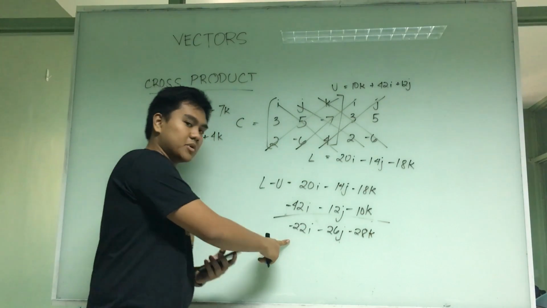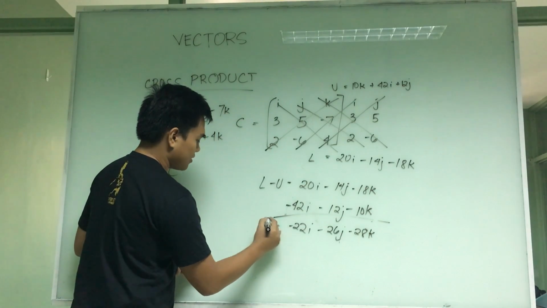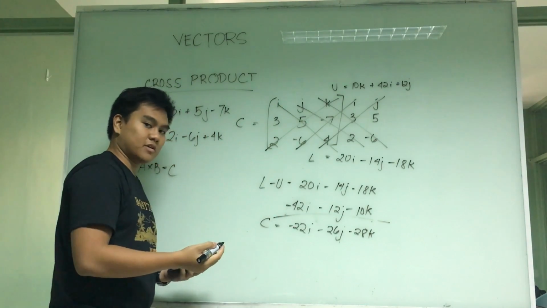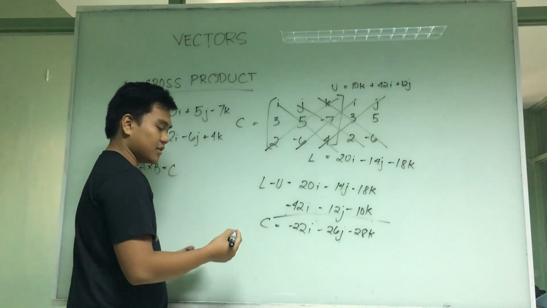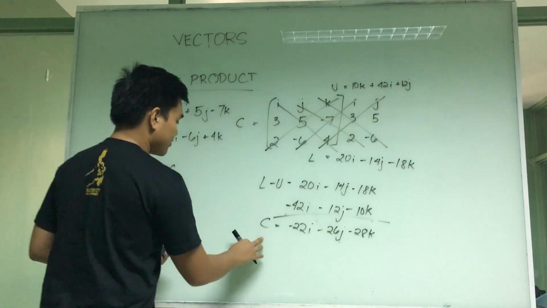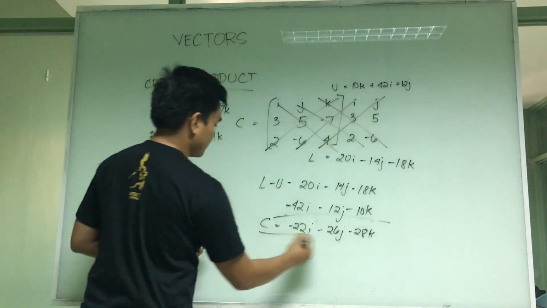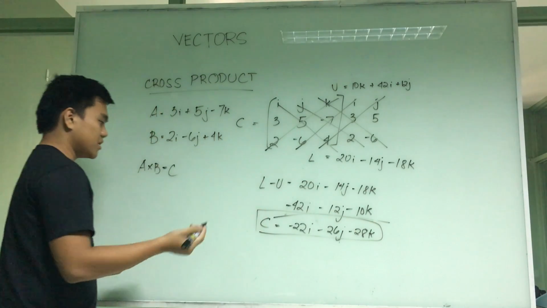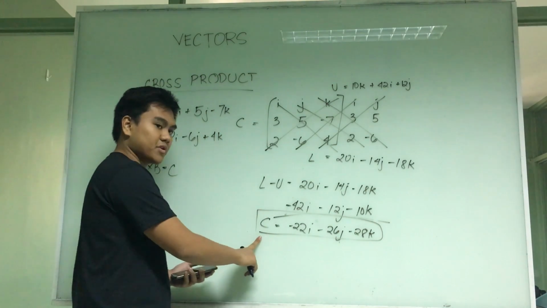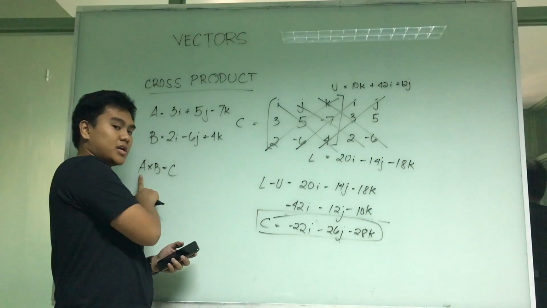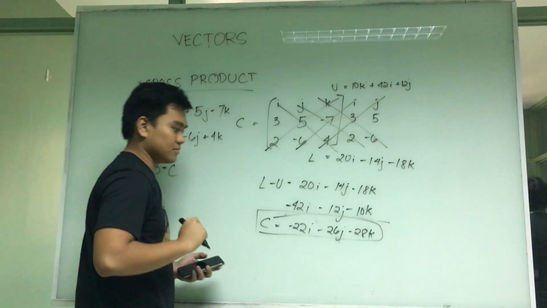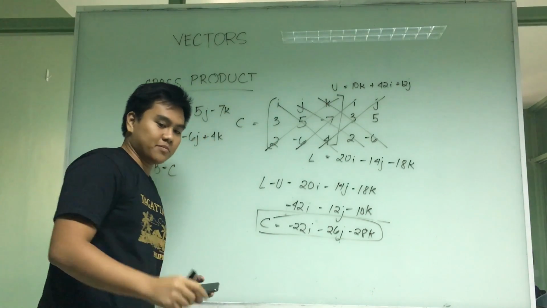Now this answer will be our C. So that's the process of finding C by using the cross product. It means that this is the vector perpendicular to both A and B. So let's have another example.